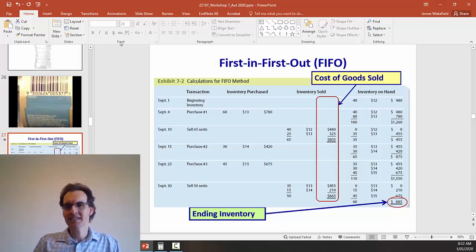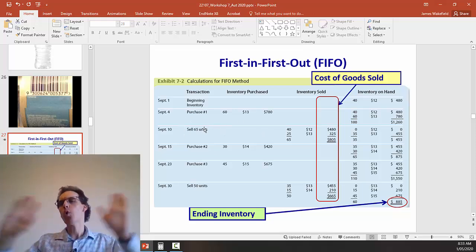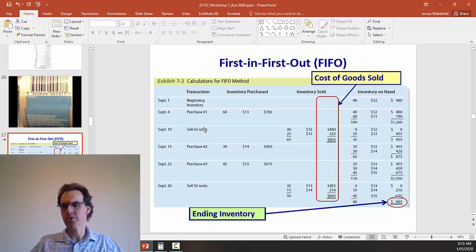So if we go back to this particular example, where we are looking at a situation where the business has sold on September 10, 65 units of inventory. Right? Now, the 65 units is all we know about the inventory items that we have sold. So how do we determine the cost of them when we purchase different batches at different costs?